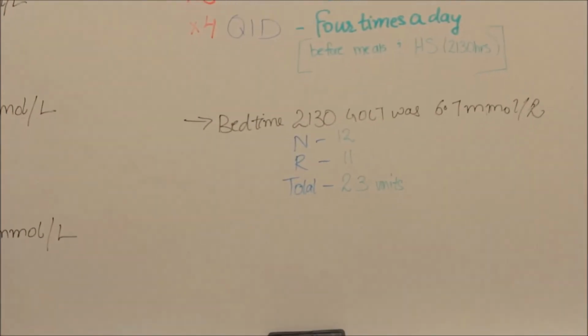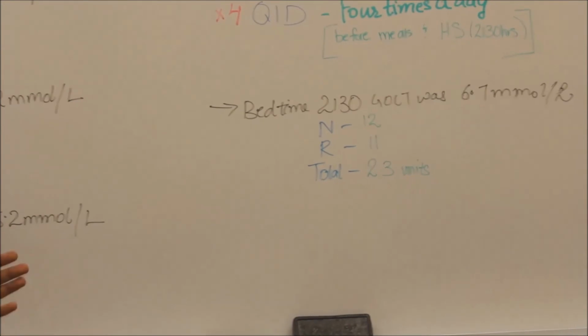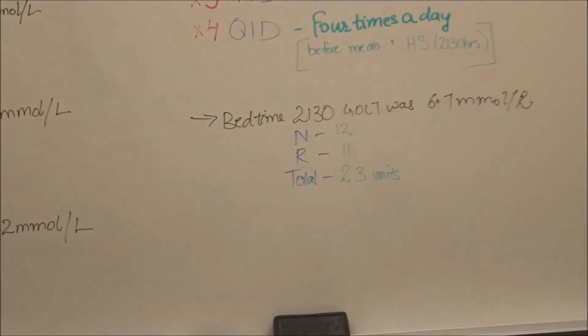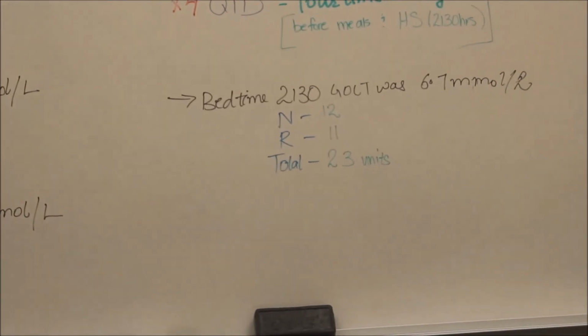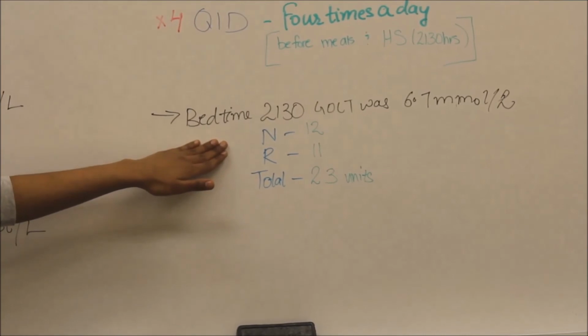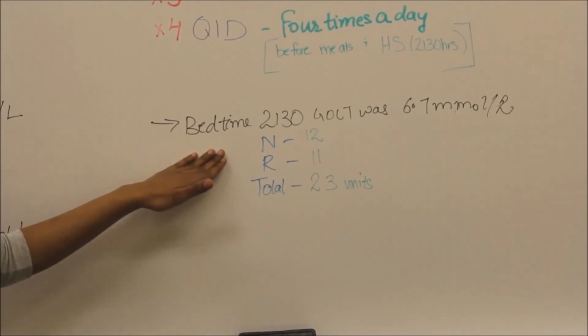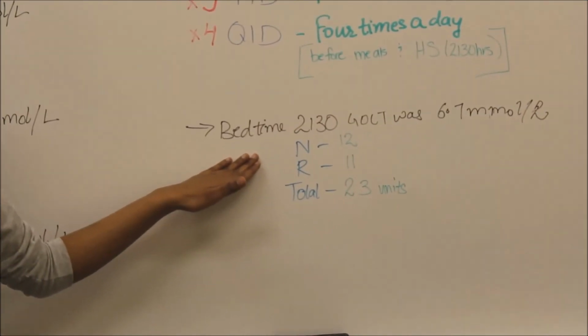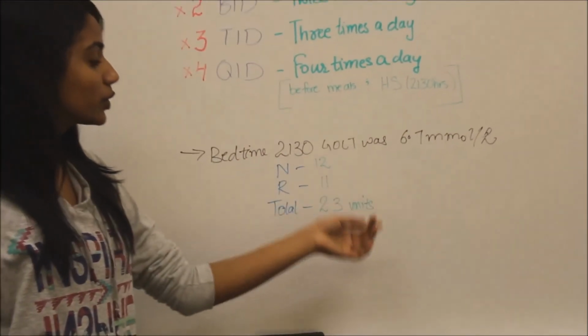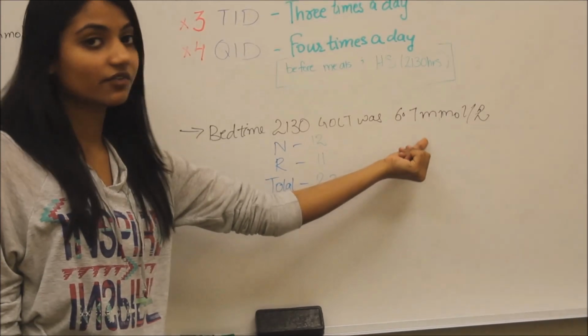We as nurses and students are confused with the bedtime. The bedtime is not 17:30, that's dinner time. So we need to focus on 21:30, which is considered to be the bedtime for a patient, not 17:30. At 21:30, the blood glucose level was 6.7.